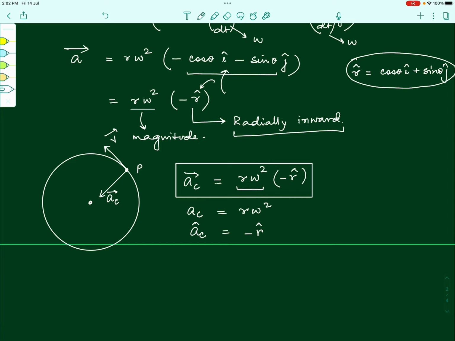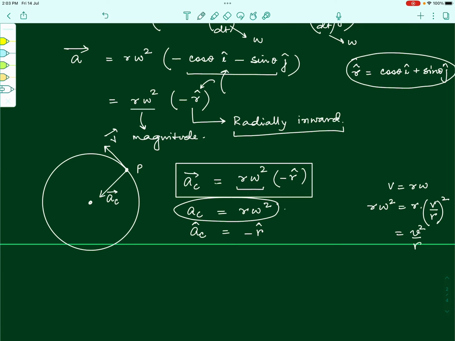See that this relation r omega squared that we have written for the magnitude of centripetal acceleration, knowing that v is equal to r omega, we can write r omega squared as r into v by r whole squared, because omega can be written as v by r, and from here we can write this as v squared by r.